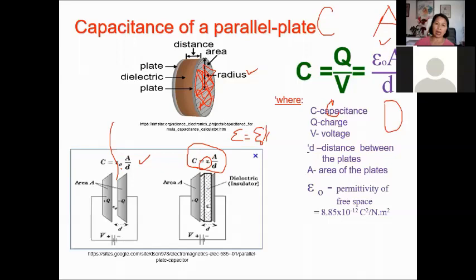Not sub O. So epsilon naught times K is epsilon.